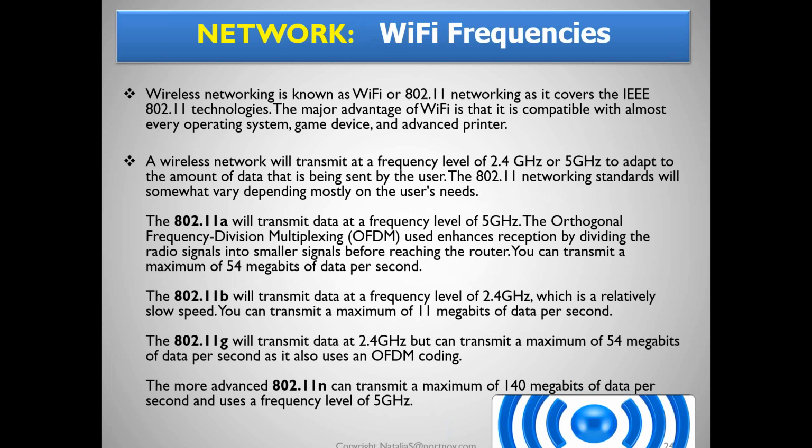It means a different transmission frequency level. 802.11a can transmit data at a frequency of 5 gigahertz, while b transmits data at 2.4 gigahertz, and so on. So the higher the letter, the more advanced the network. These are just examples of these appendixes, and you can Google each one of them if you want.